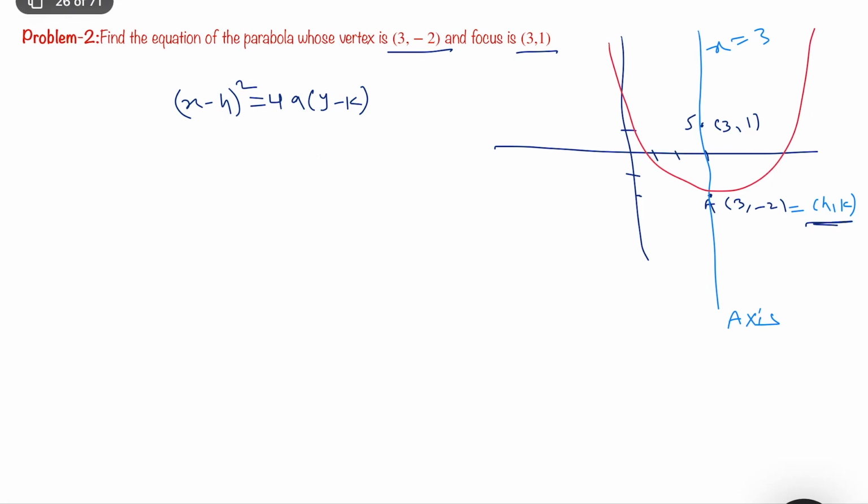All we need is this a. What is this a? A is the distance between the focus and vertex. As you can see, the distance between focus and vertex is going to be 3. That's our small a. So this is going to be 3.